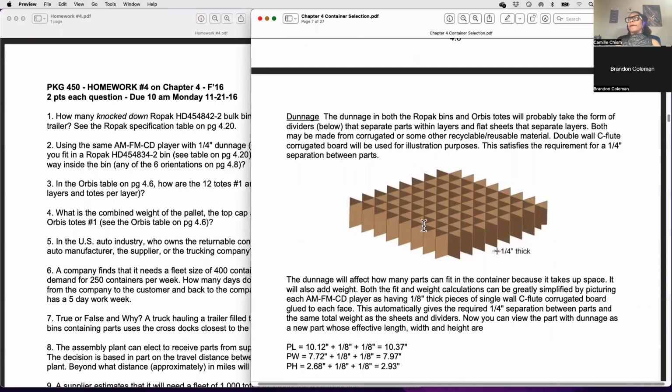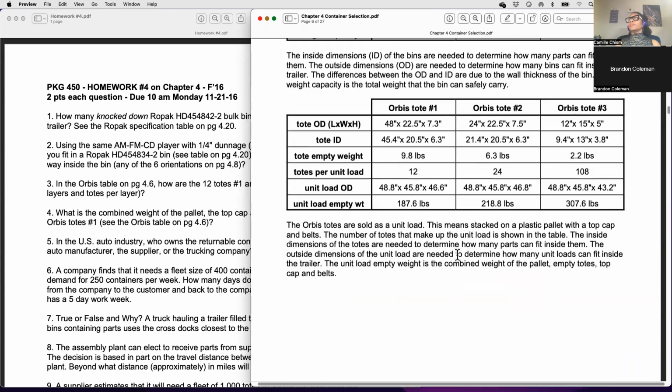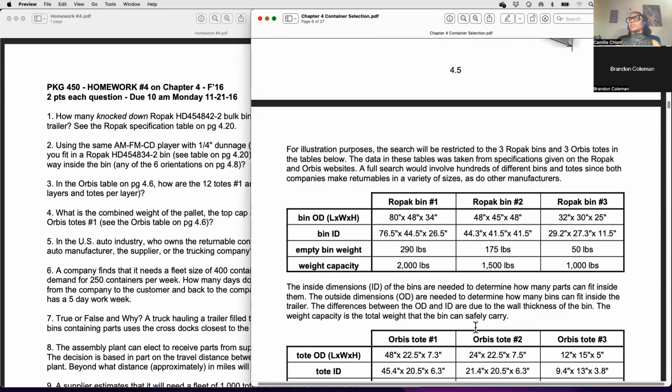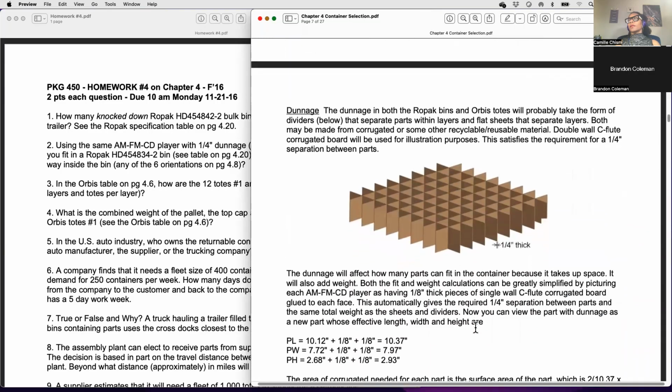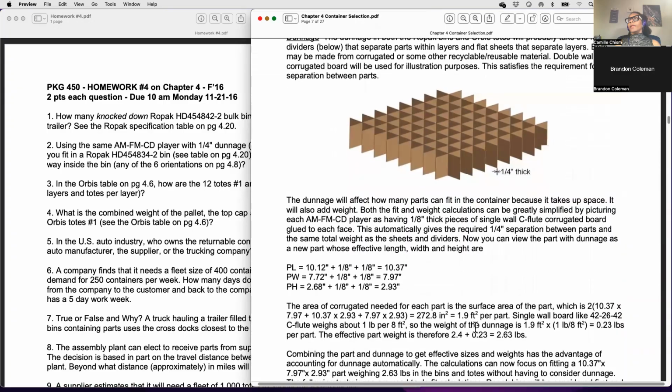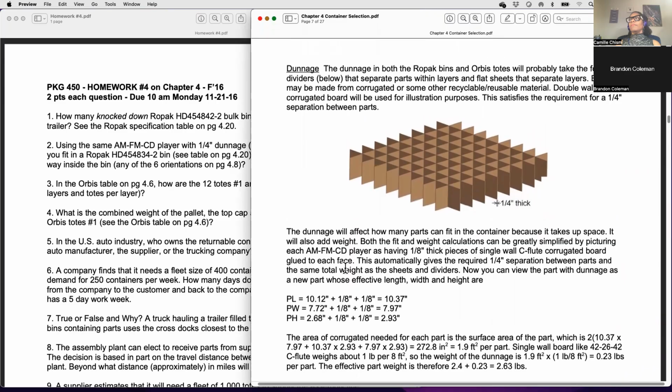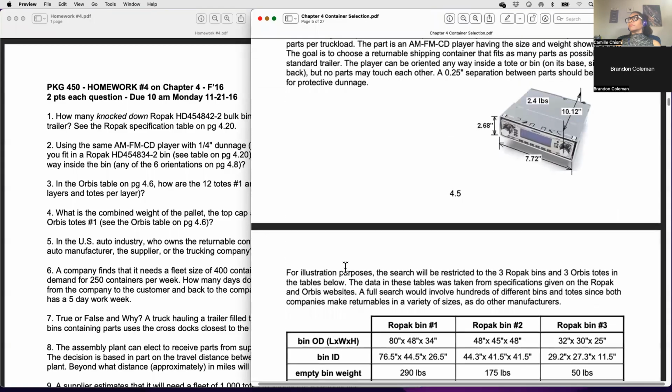But basically, look at this as you have the thickness of your corrugated that is separating your parts. The radio is going to be fitting in those. You have those in the cell. And in order to do your quick calculation, you're going to look at the thickness of the corrugated to get to your part length.